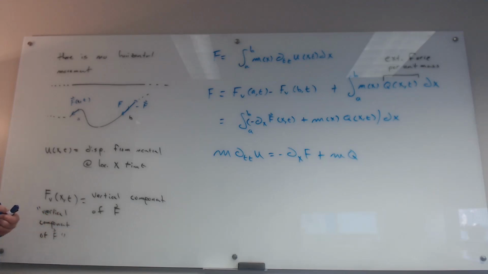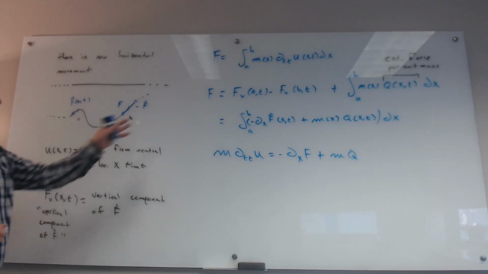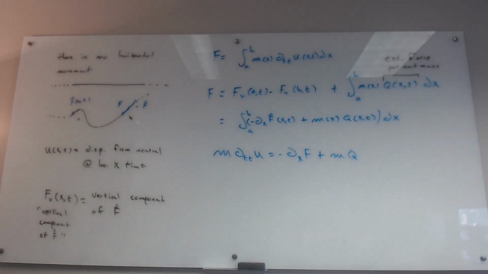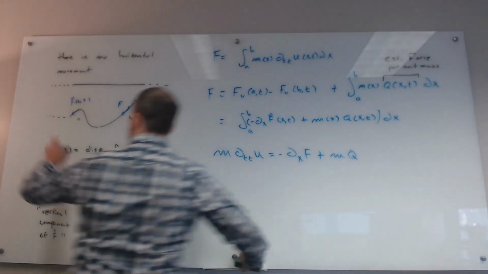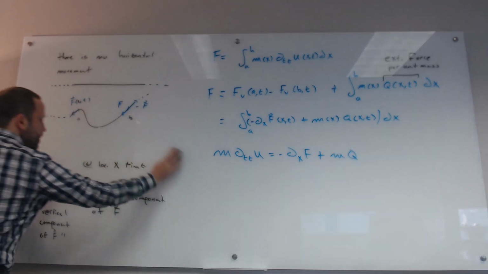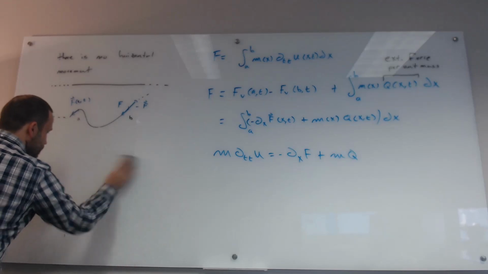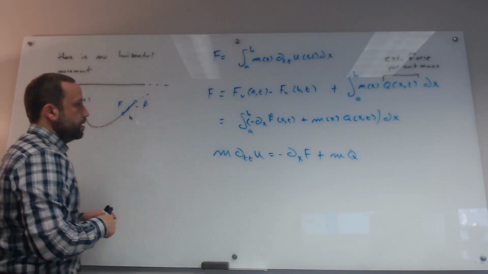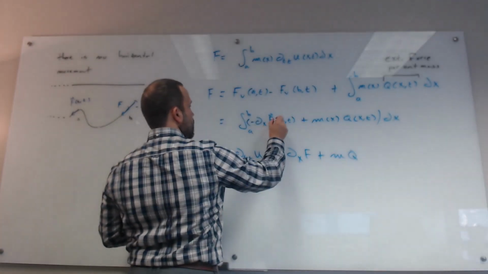So what I'm going to do now is write this equation over here, and then erase everything over here, because what I need to do is figure out how to write F sub V. Sorry, there should be an F sub V here and here.